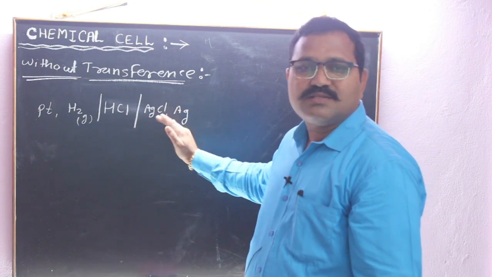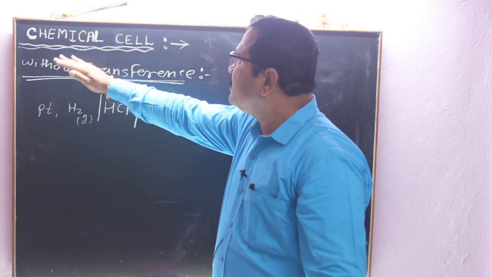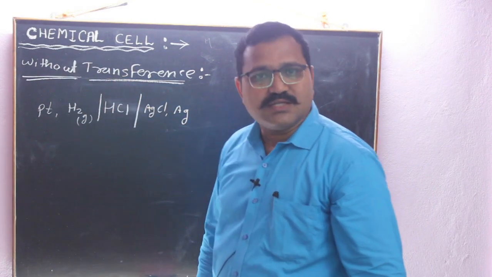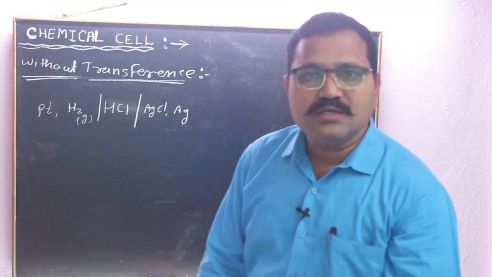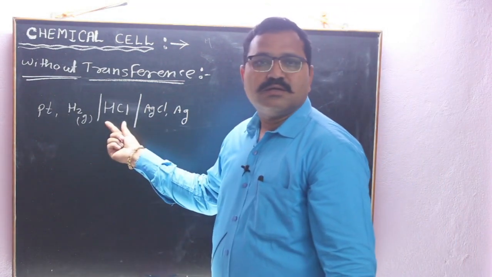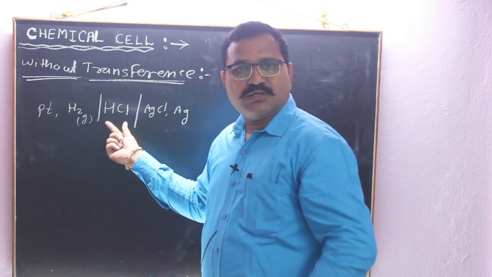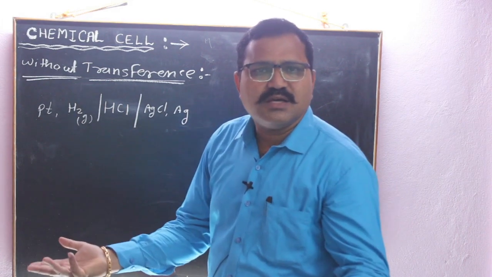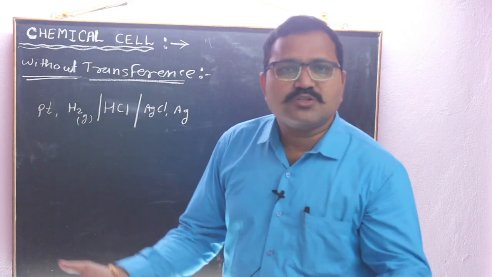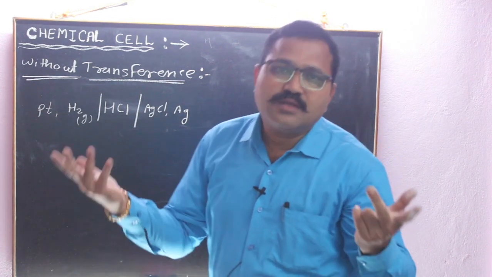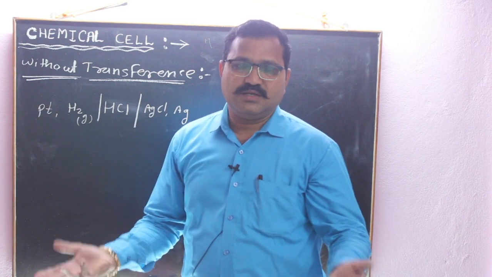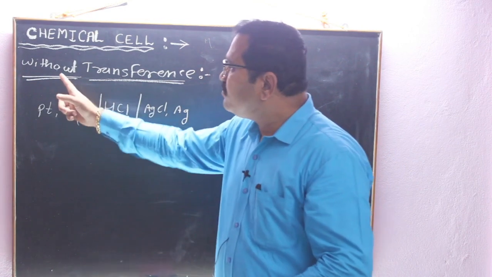Okay, this is the construction of this chemical cell without transference. Mind well, here you are dipping both the electrodes in the same electrolyte solution. That's why there is no transfer of ions. There is no presence of two different solutions. That's why it is called without transference.